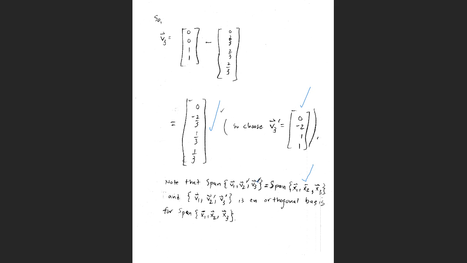And so we have our orthogonal basis, which is V1, V2 prime, V3 prime.